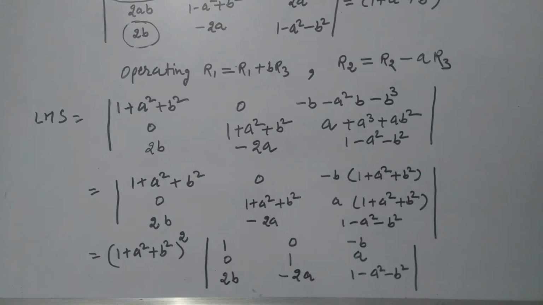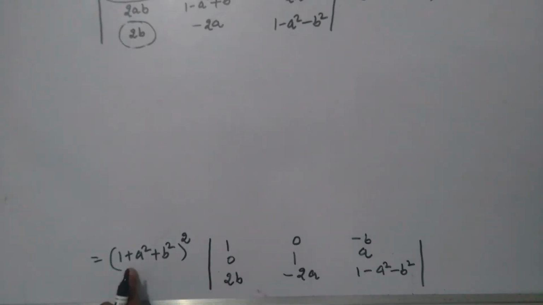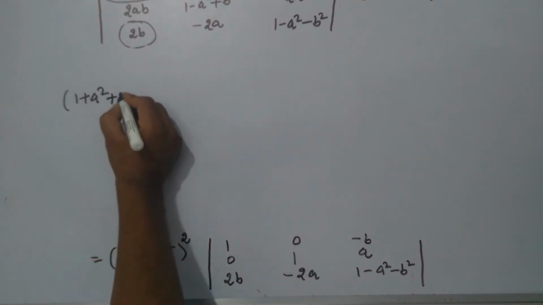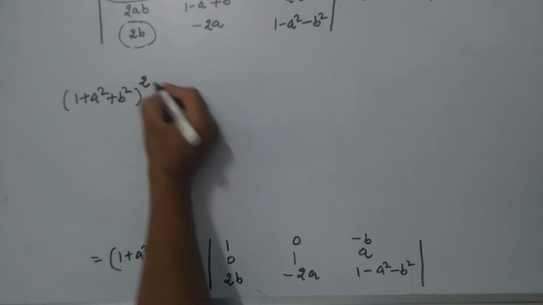Right? Now we just expand about either row 1 or about C1. Let us expand about C1. So we write this as the very first element, 1 plus a square plus b square in whole square.